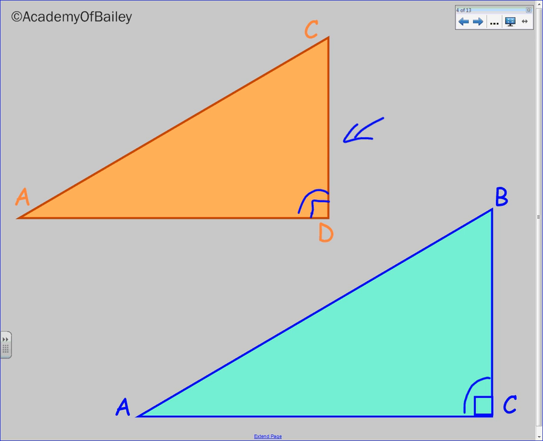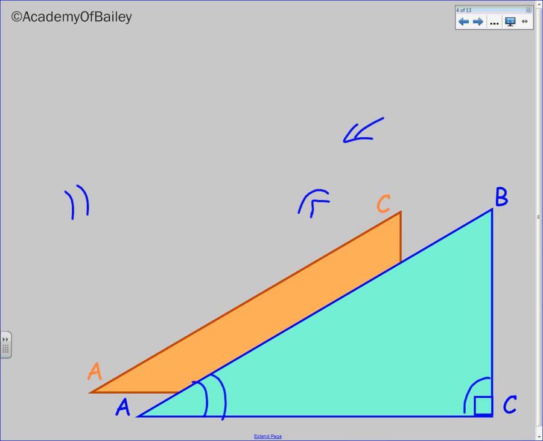Oh, how about this? Angle A, angle A. Congruent angles. It seems like when you split these two, this orange triangle out of the larger triangle, you tend to forget that those two angles are the same exact angle.